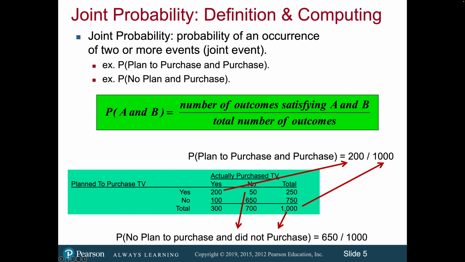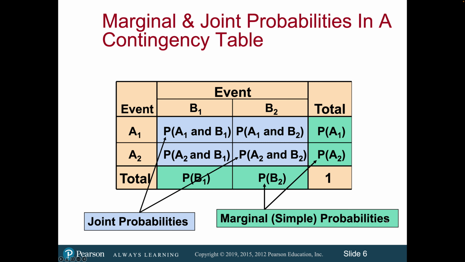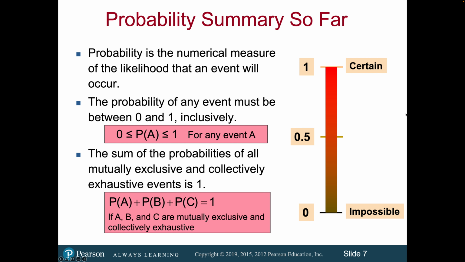That would be the intersection of the no and no response of each of the simple occurrences. So generalizing, each of the components within the 2 by 2 table, not the total rows, are called joint probabilities. And then any probability that we get from the total row is just called a marginal or simple probability.